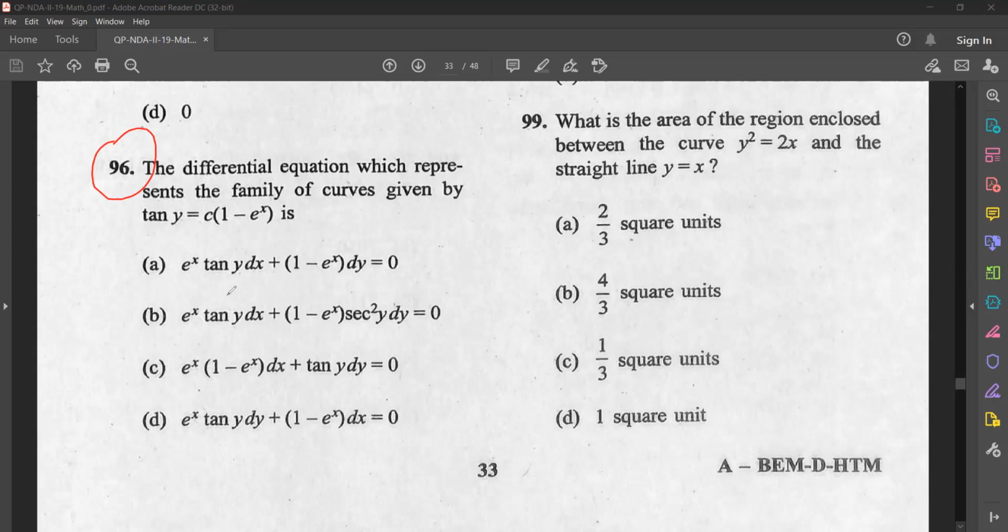So try solving. From this, it is clear that you have to take the derivative. See, dy by dx, everything is there. So anyway, you have to take the derivative. Just take the derivative and find out the answer. Comment the answers also.